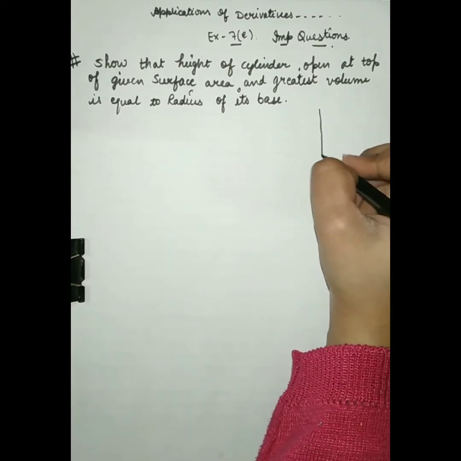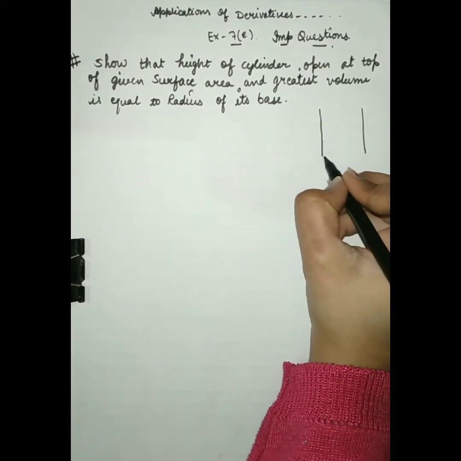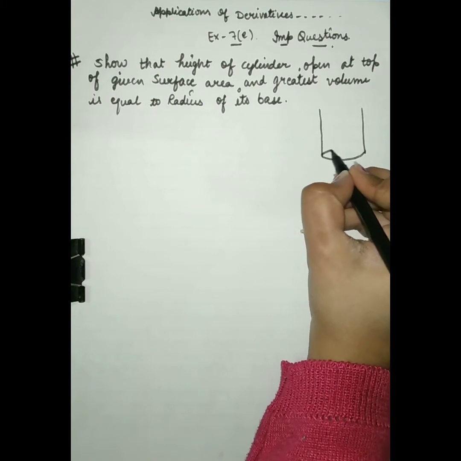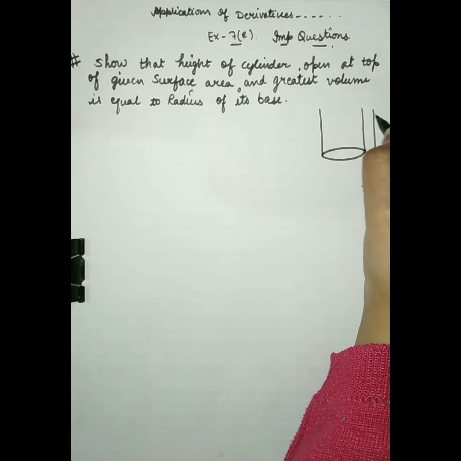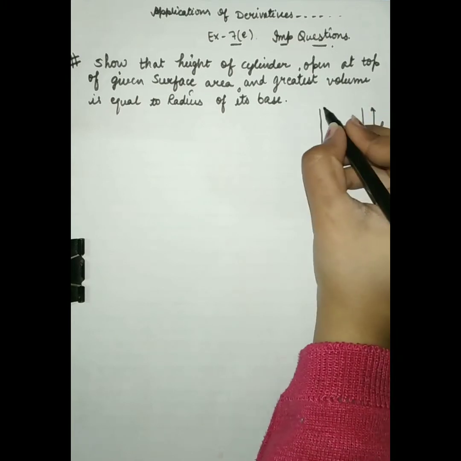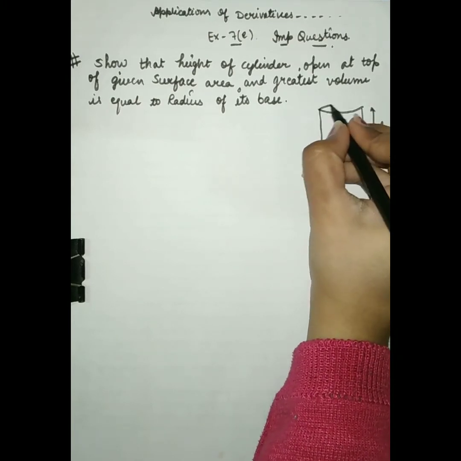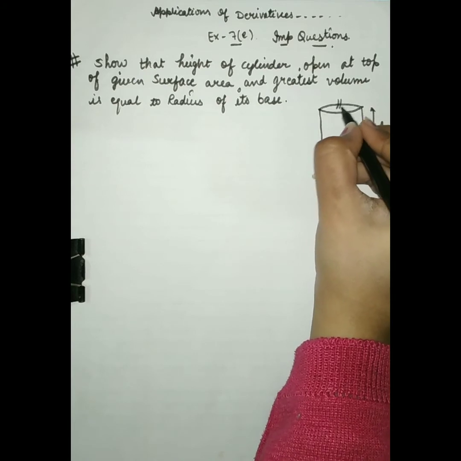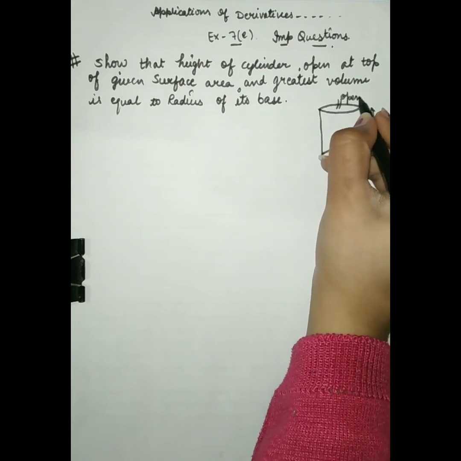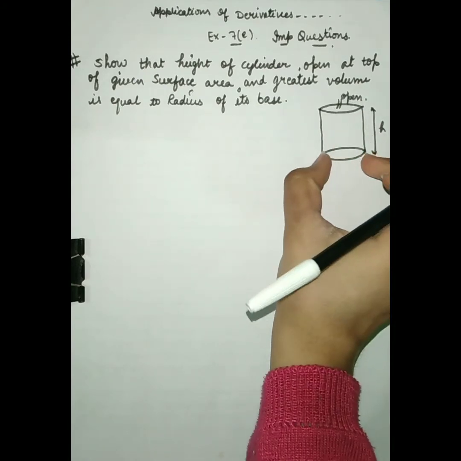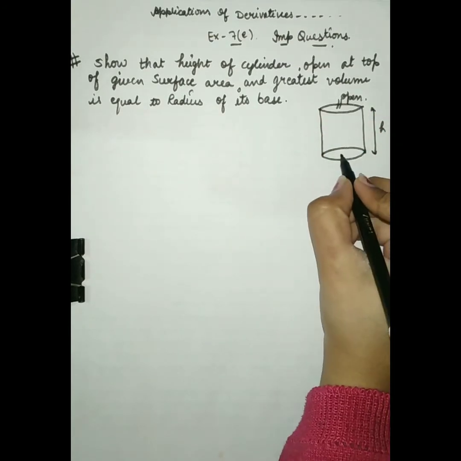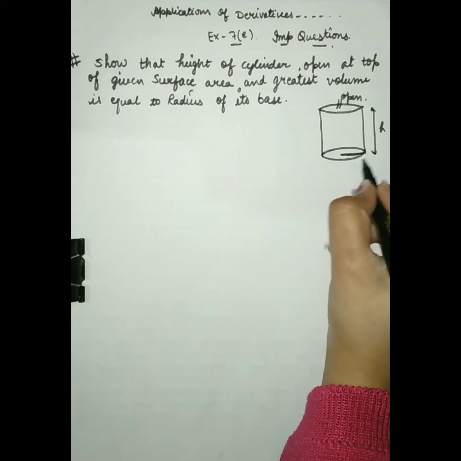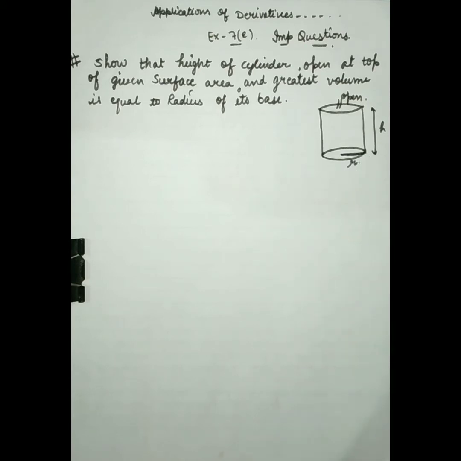Let this be the cylinder having the height H, and this cylinder is open at the top. That means this area is open and this is the closed area, and this is the radius of the cylinder, R.